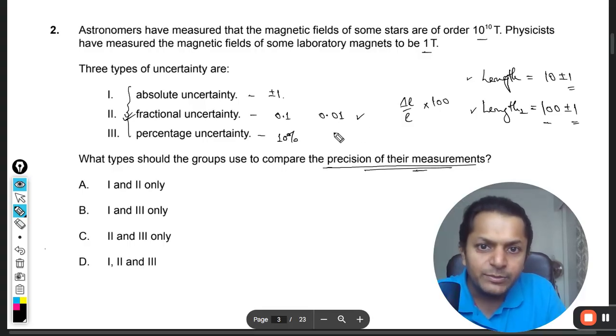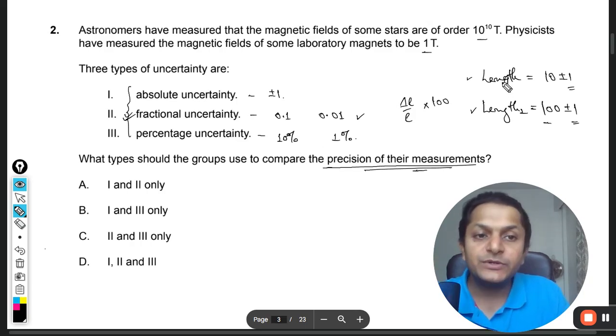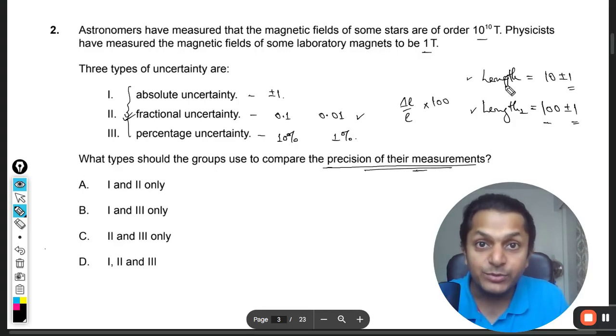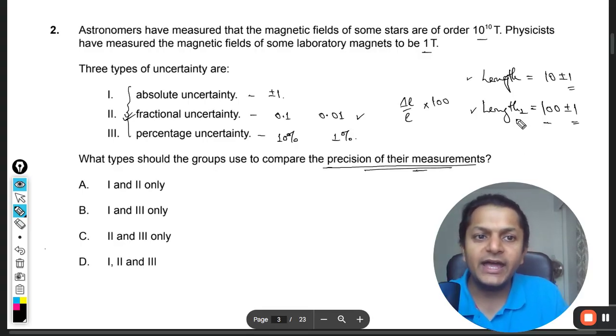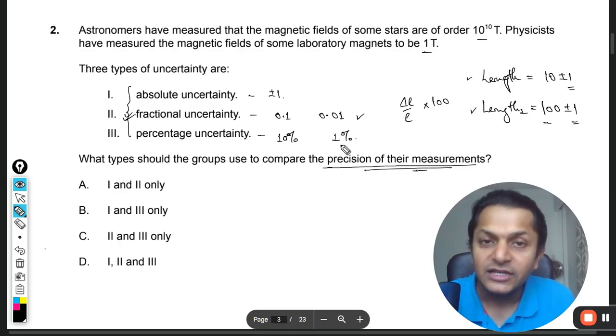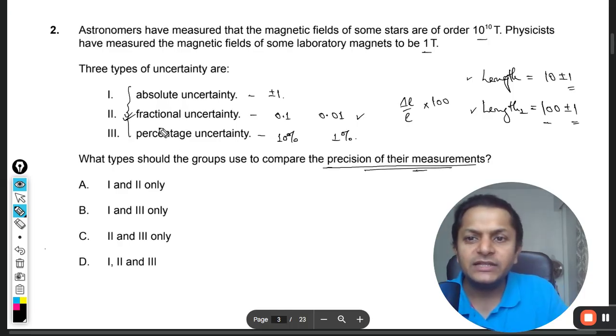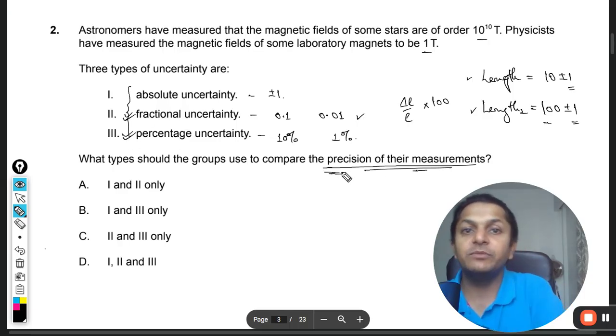And here you multiply, it comes out to be 1%. So you can see that the percentage error in the first measurement is whoopingly 10%. That is too high. And the measurement in the L2 is coming out to be 1%, which is fairly good. It means that both of these can be used to find the precision of the measurement.